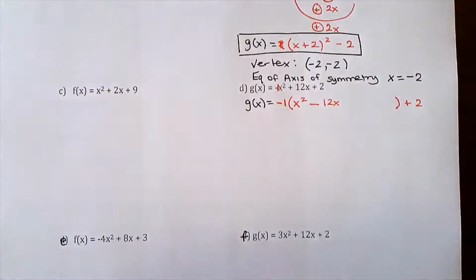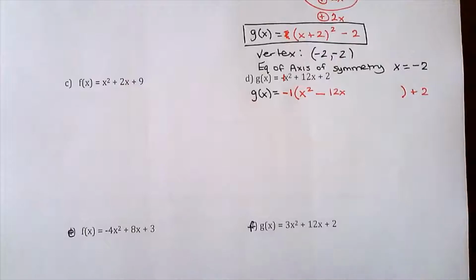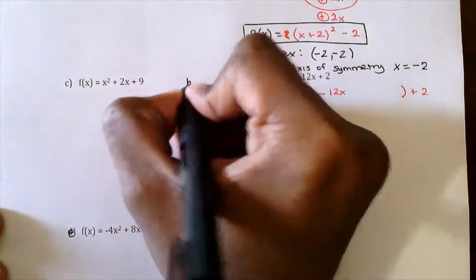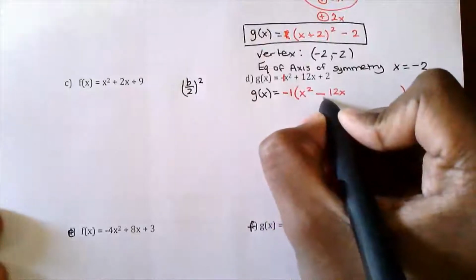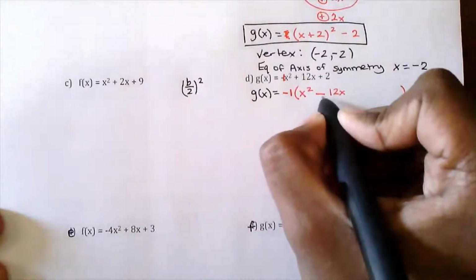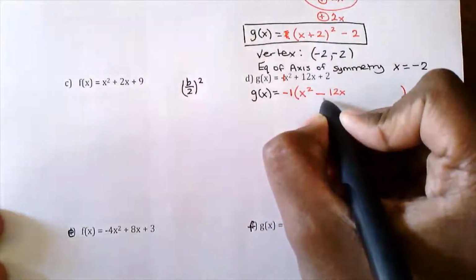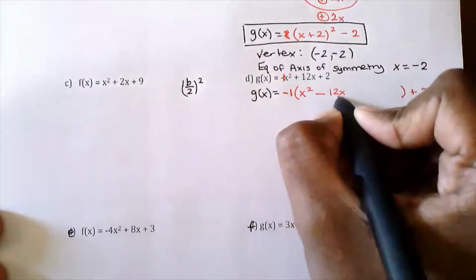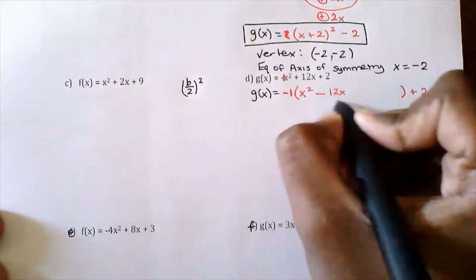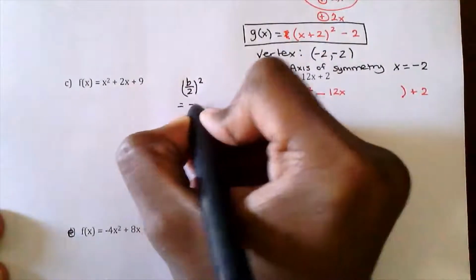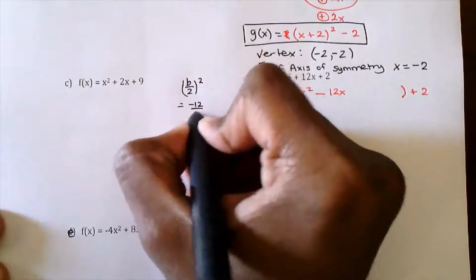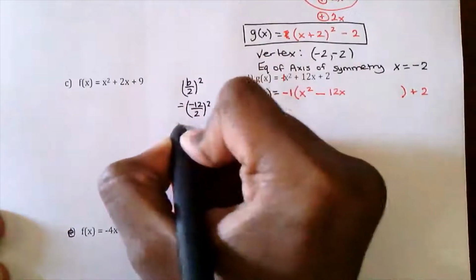Then for step 2, we're going to take our new b value and calculate b over 2 squared. So if I take a look here, my b value is the value attached to the x. What is that value? You should say negative 12. So don't forget the signs when you're taking your b value. The b value is negative 12. So if I do negative 12, the b value, divided by 2 squared.